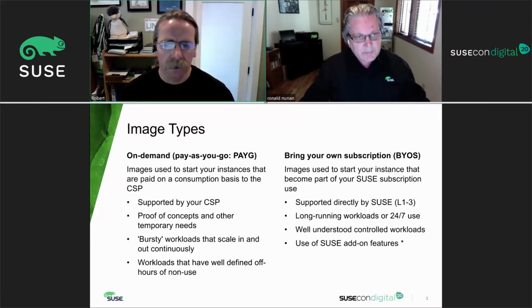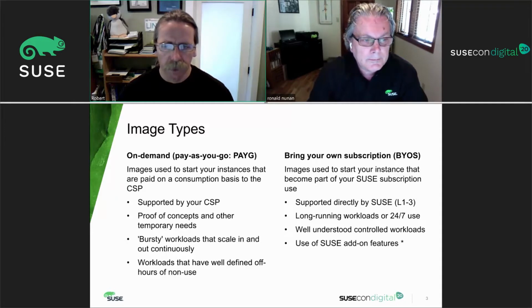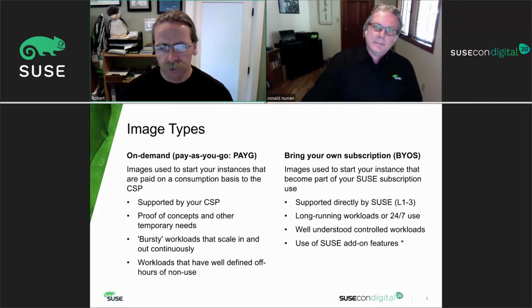Basically, you take the entitlement that you have with SUSE already, so you have a direct contact with SUSE, you have a support contract, and you take that and you register a running instance that was started from a bring your own subscription image, and you register it with the SUSE Customer Center, just like you would register a hardware-based server in your data center or a VM.